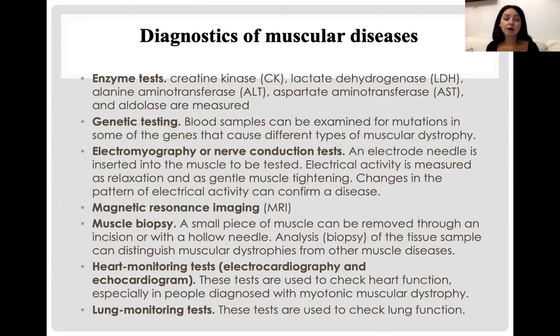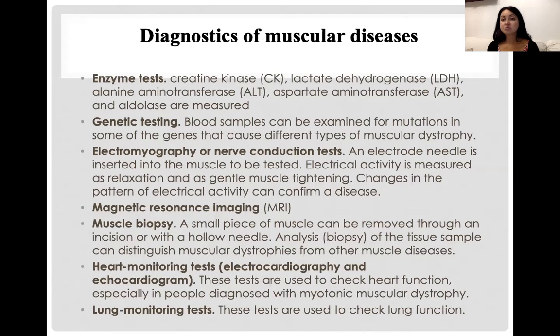Some other instrumental additive methods of investigation you can use. For example, MRI is widely used to find out if we have a central nervous system disorder. If we suspect, for example, intracranial hemorrhage, it may be diagnosed with this way of investigation, and inflammation may be diagnosed as well.